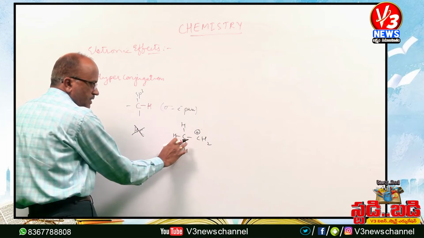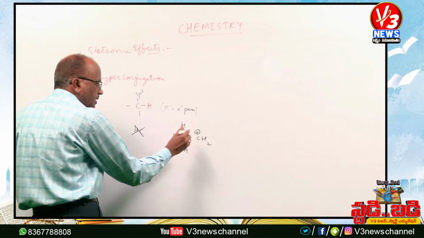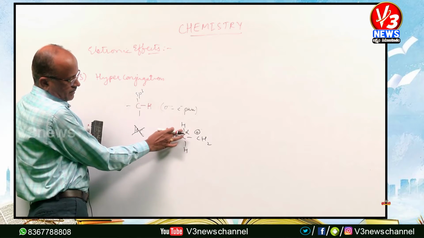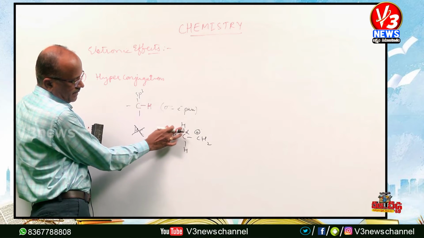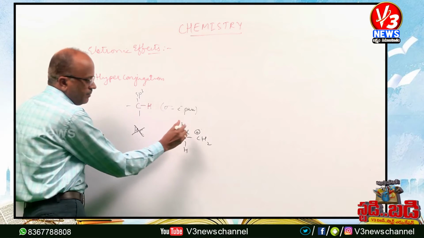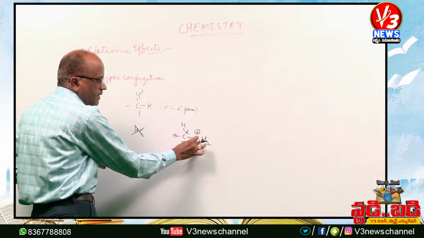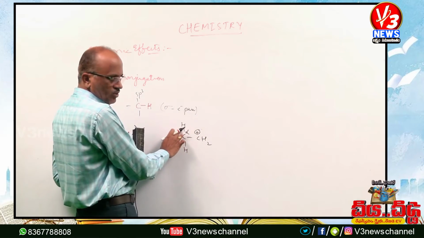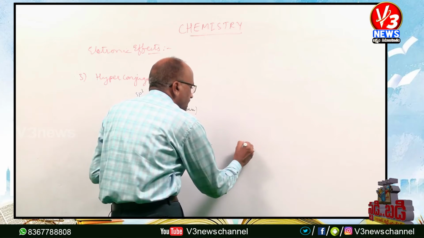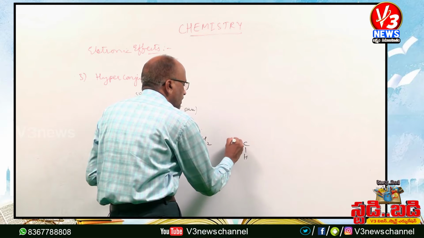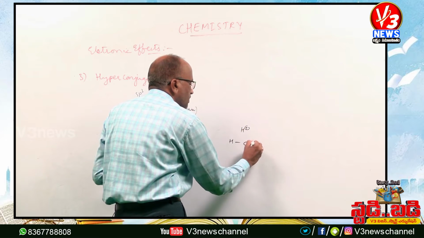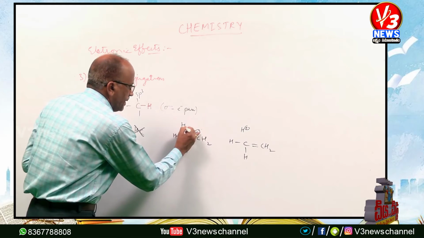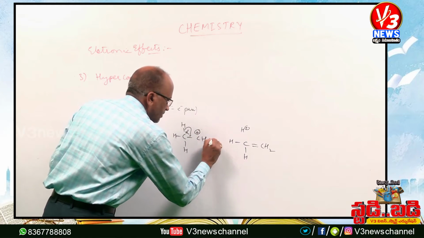The carbon attached to the carbon which has the empty orbital is called the alpha carbon. Now the electron pair from this C-H sigma bond will be delocalized towards this unsaturated system. Then this hydrogen is shown without a bond, so it becomes CH2, and here H plus, double bond CH2.